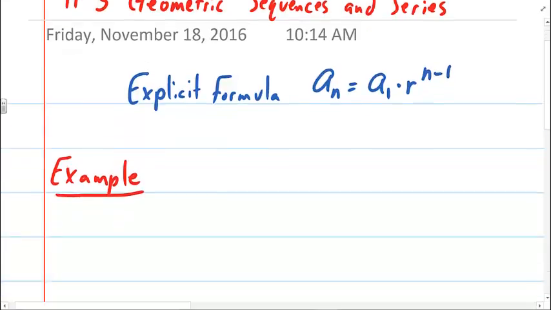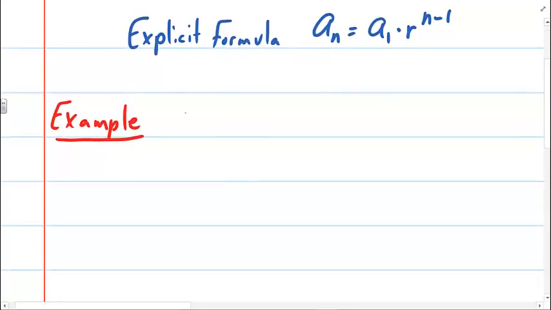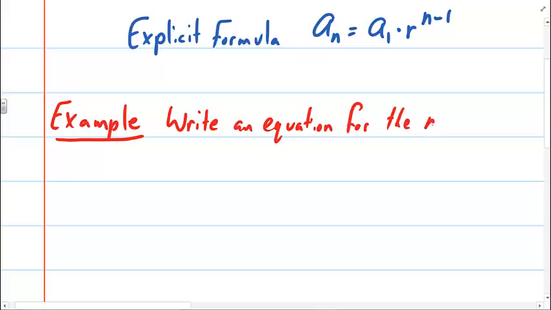So let's start with an example. It says write an equation for the nth term of the geometric sequence. So we did that in the last section for arithmetic sequence.